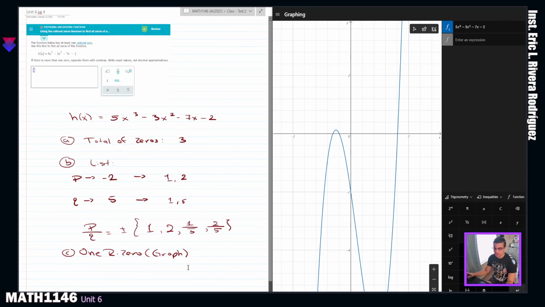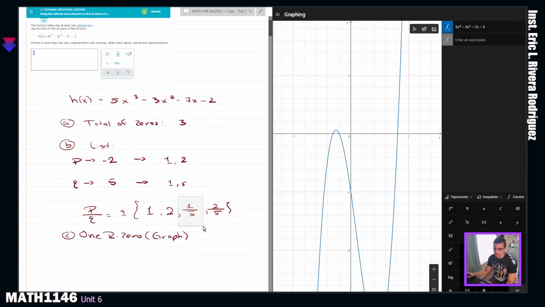Can you give me the decimal of 1 over 5 and 2 over 5? What are the decimal values? Can you do that and put those values on the chat? What is the decimal representation of 1 over 5? It's 0.2.